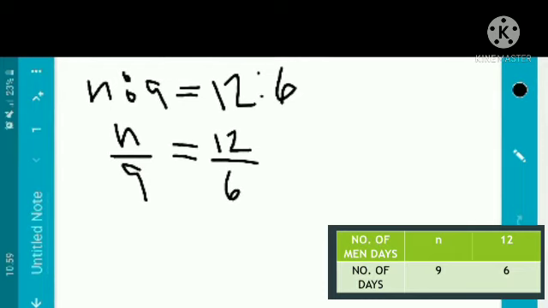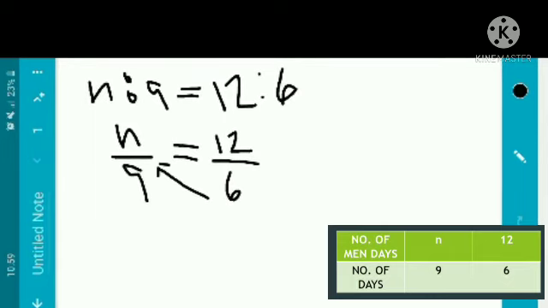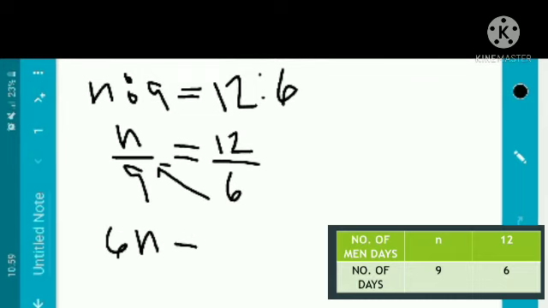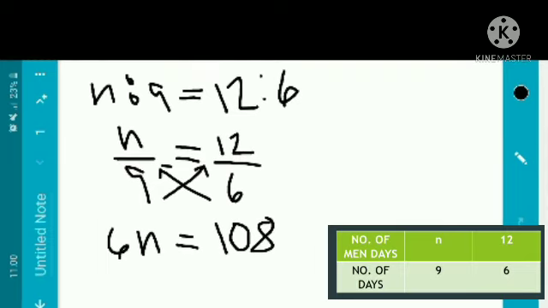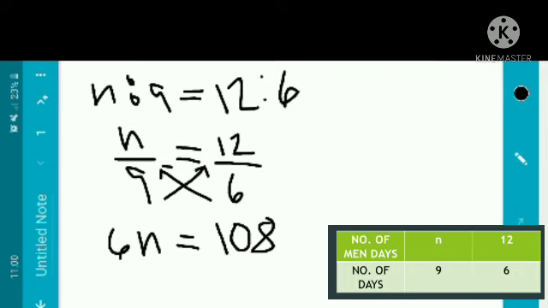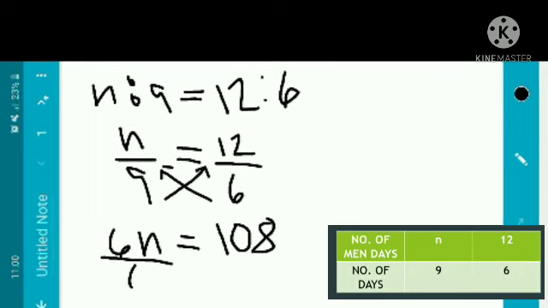Now we can apply cross multiplication. So n times 6 is 6n, equals 9 times 12, which is 108. To get the value of n, we need to divide both sides by 6.